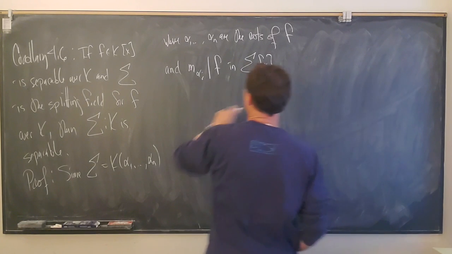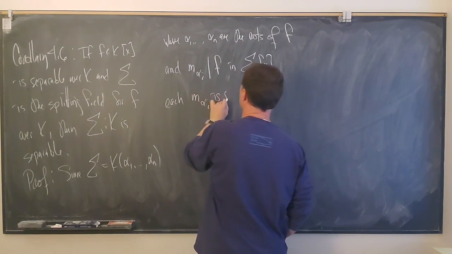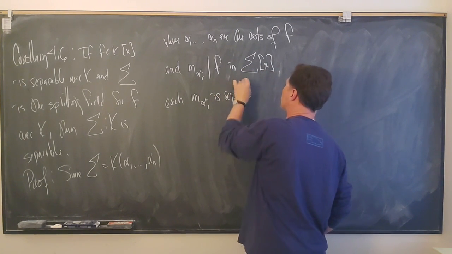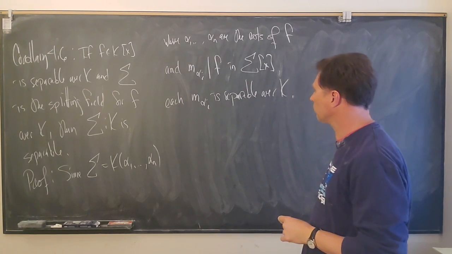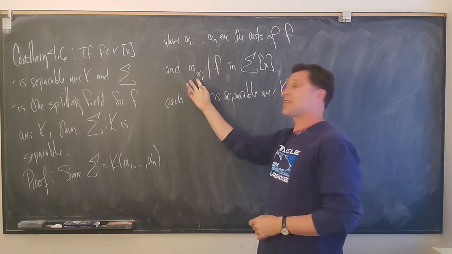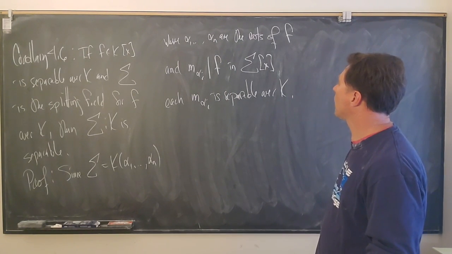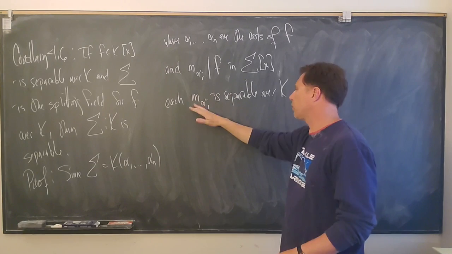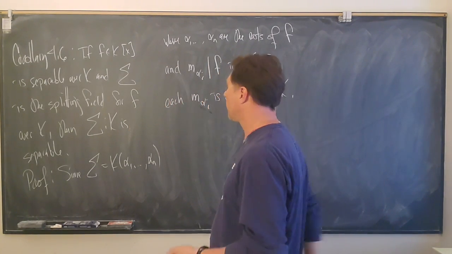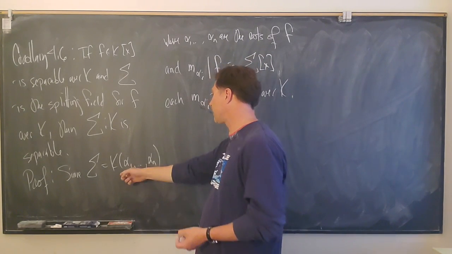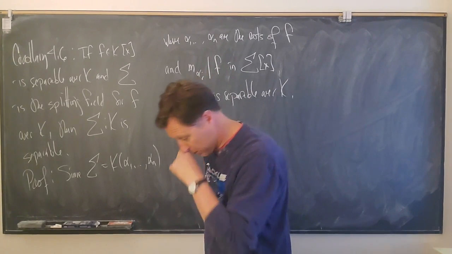Each m sub alpha i is separable over K. All right. If f doesn't have repeated roots, then divisors can't have repeated roots either. And so each minimal polynomial is separable. That tells us that each alpha i is separable. So sigma is formed by adjoining a finite number of alphas, where each of the alphas is separable over K. Now we can apply our previous corollary.